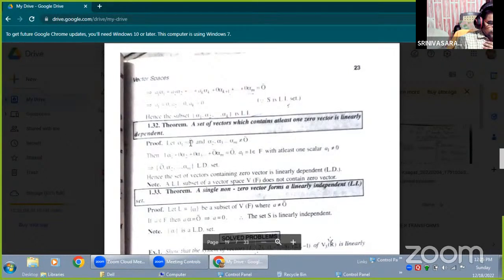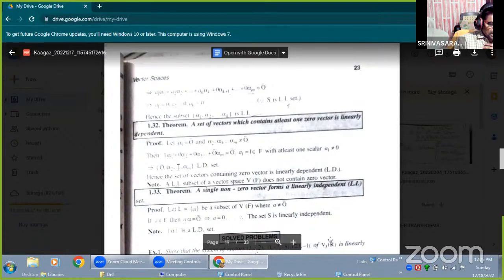So alpha 1 equal to 0 bar, and a1 alpha 1 equal to 0 bar, where a1 must be 1, because the vector is 0 bar, so the scalar can be non-zero. So 1 into alpha 1, and the remaining vectors are multiplied by scalars that are 0. So at least one scalar is 1, that is the field element, and all the remaining scalars are 0.